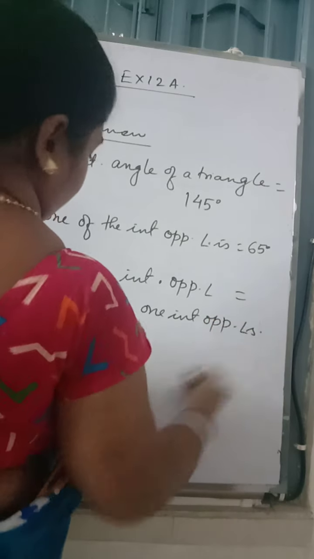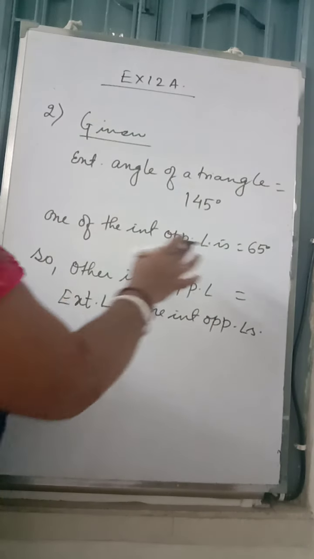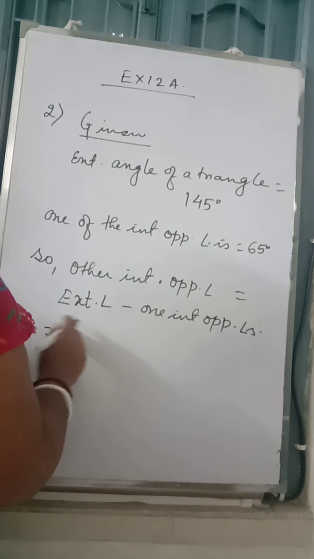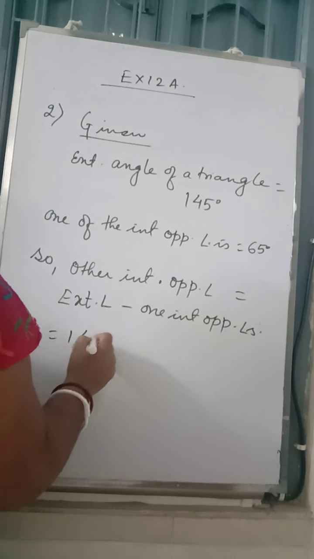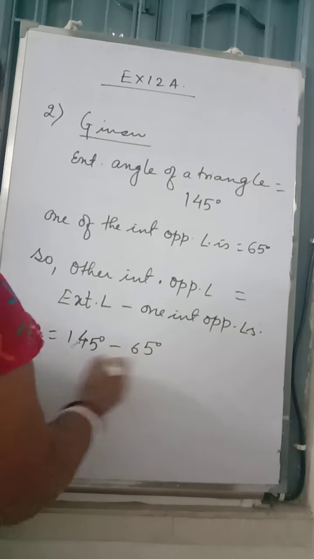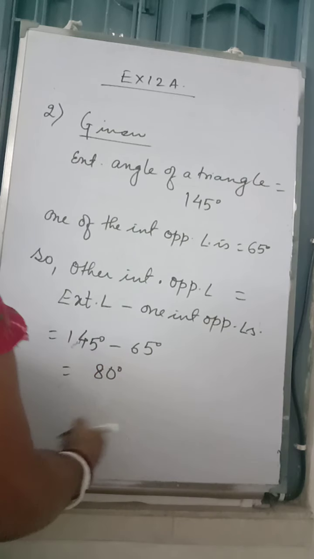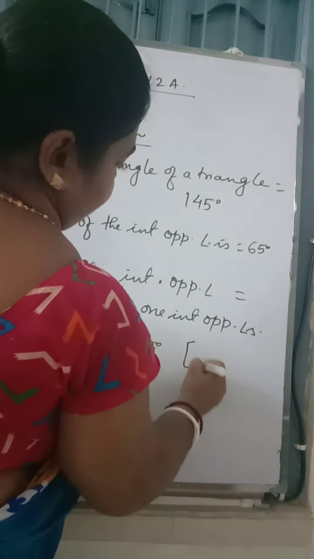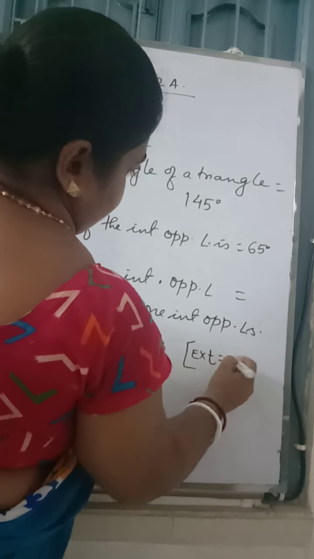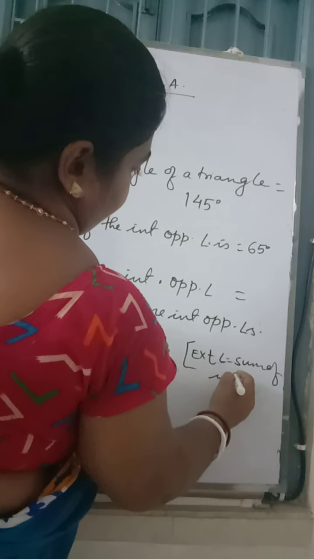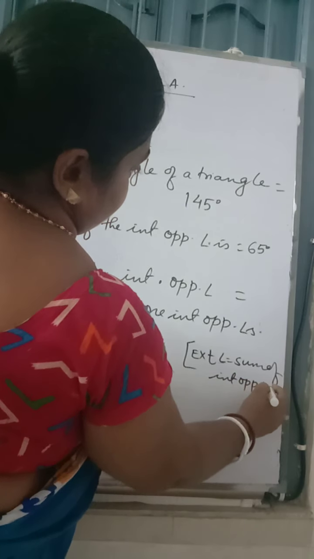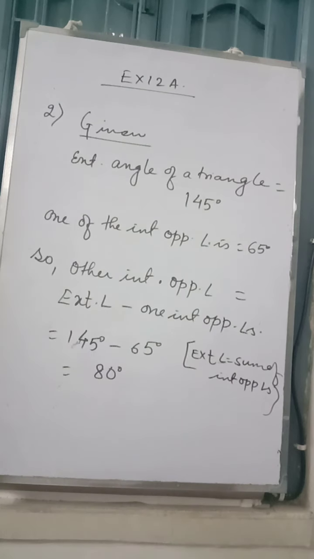As we know, the exterior angle is equal to the sum of interior opposite angles, so 145 degree minus 65 degree, our answer is 80 degree. Here you can write as exterior angle is equal to sum of interior opposite angles. So 145 degree minus 65 degree gives you 80 degree.